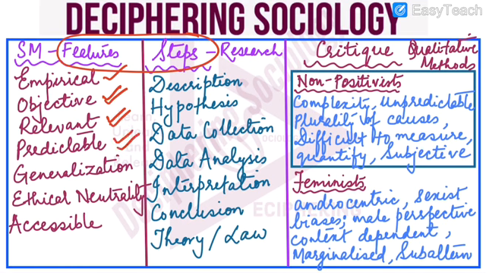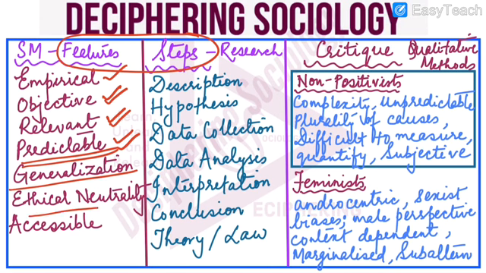Predictable, yes, because after conducting scientific research, I come upon something which is predictable. I understand that yes, this is going to happen under these circumstances. Also, I can form generalizations. After I conduct, let's say, experimentation, I come to a conclusion that this is this.